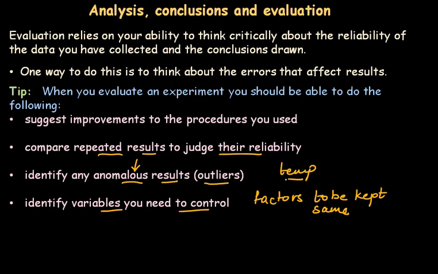So the initial temperature should not vary much, or you can say the volume of the solution has to be kept the same every time we take different readings. If we are considering rate of reaction, then the total volume of the solution, the mixture, should remain the same. So there are certain factors that have to be kept the same. Those are considered as controlled variables.